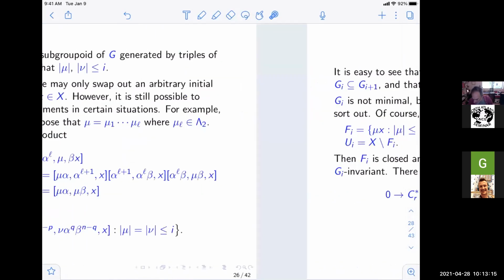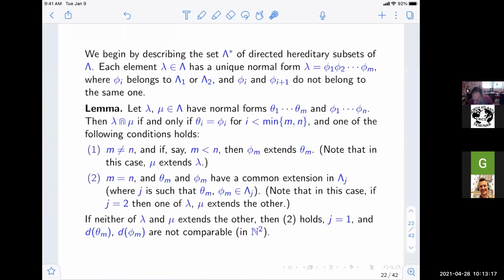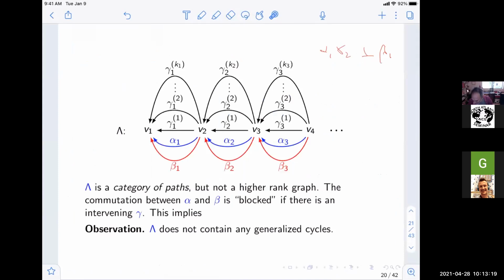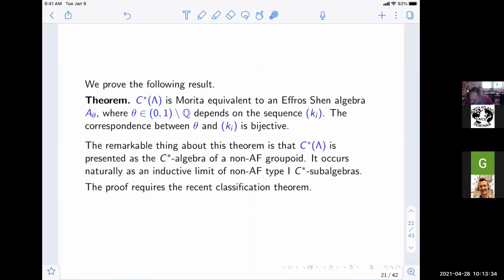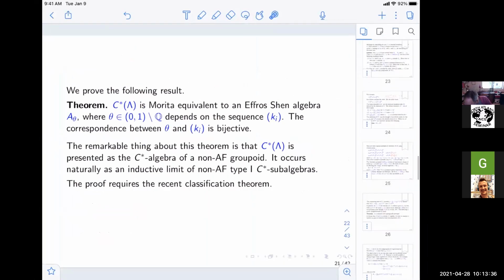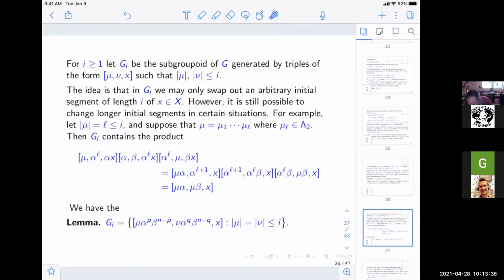So let's come back to our picture of lambda. So mu is something in here, but our length is still the number of edges. Okay. So yeah, there's no natural degree functor. Well, we have this length, number of edges, but it's not so natural. Yeah. Thanks. Let's see, where was I?